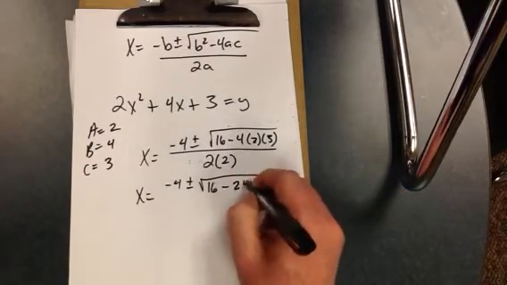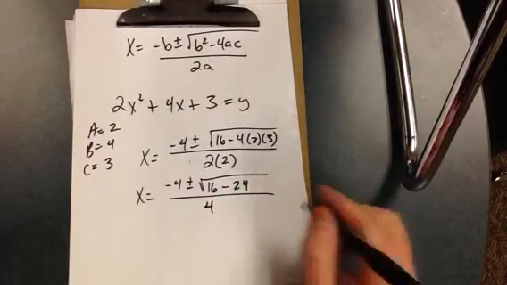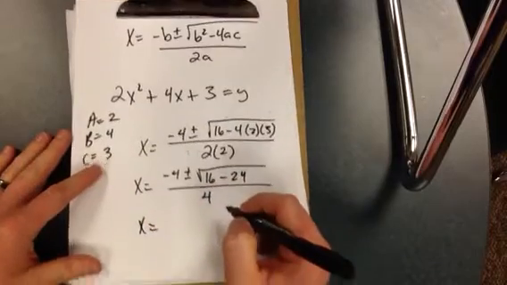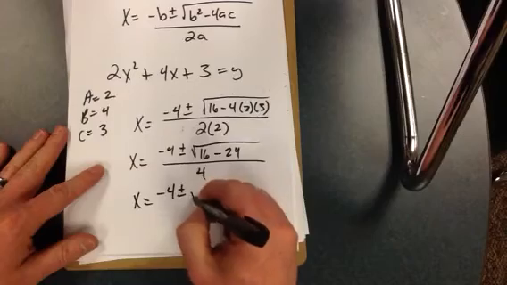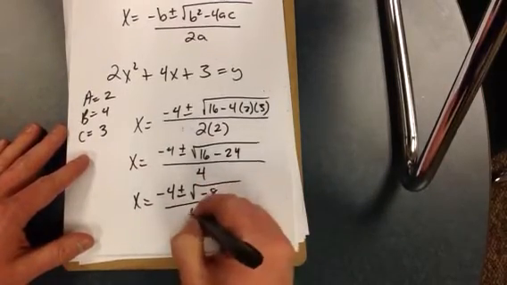I believe that's 24, all over 4. So 16 minus 24, yep. So this gives me x equals negative 4 plus or minus the square root of, that's actually going to give me negative 8 over 4.